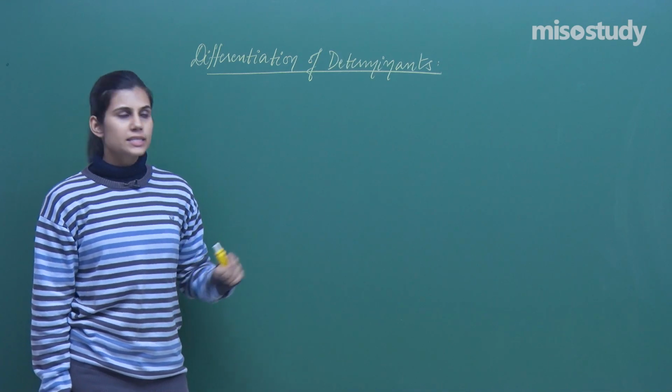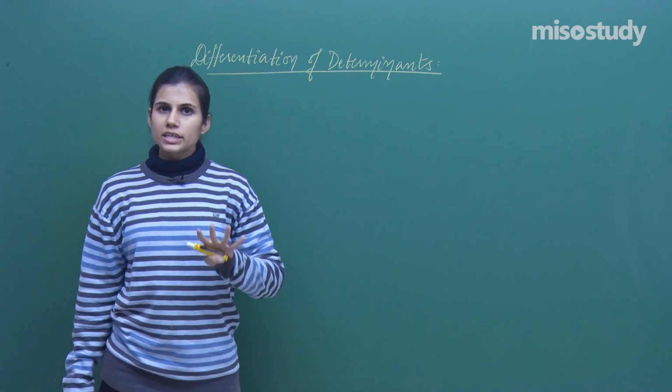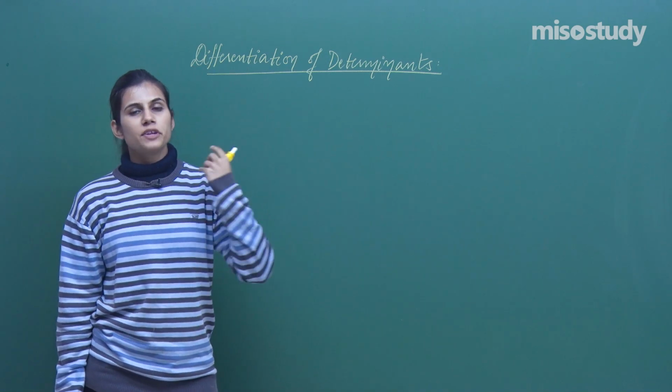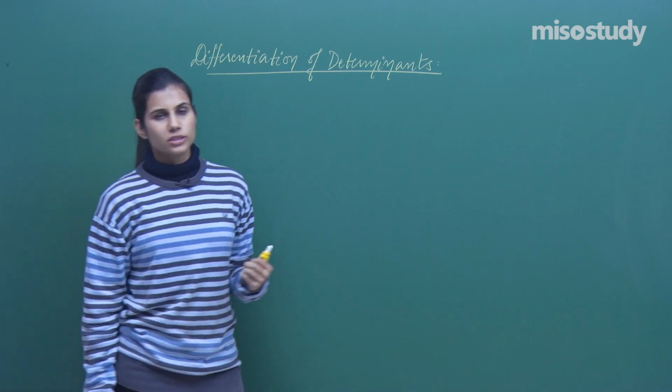To first of all understand the differentiation of determinant of order 2, I need 4 entries, which if I take differentiable functions, then what is the picture?